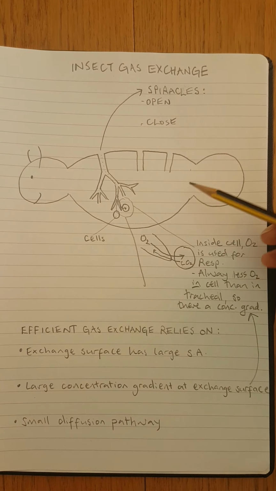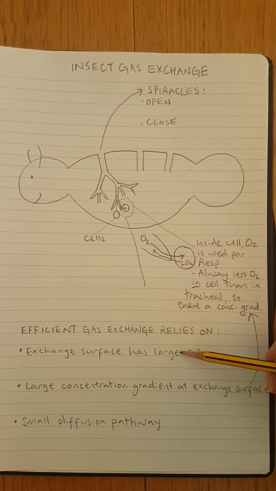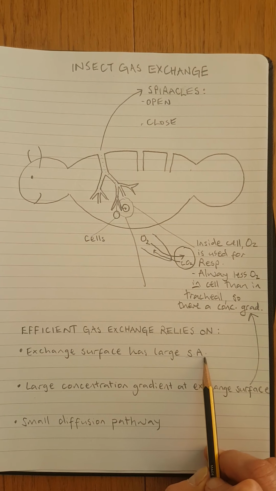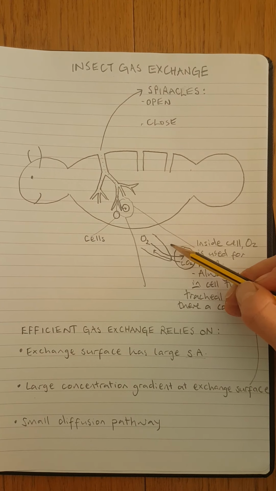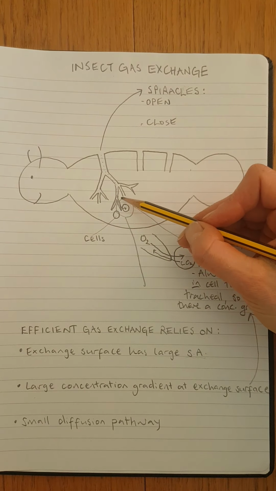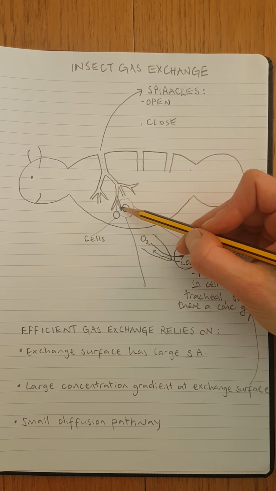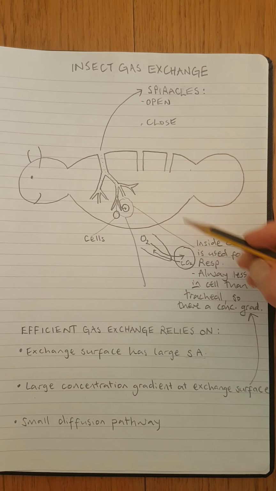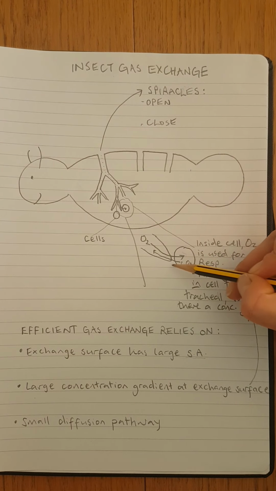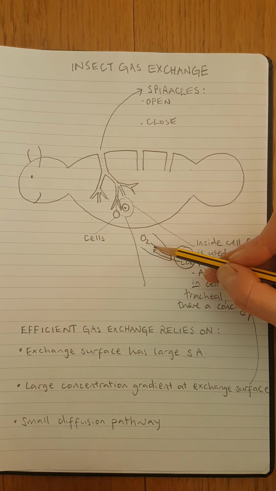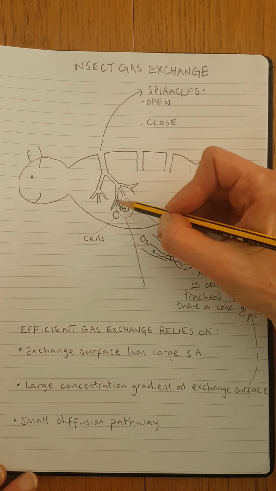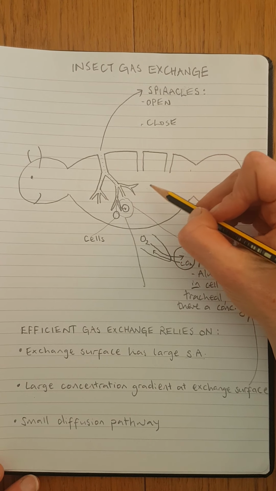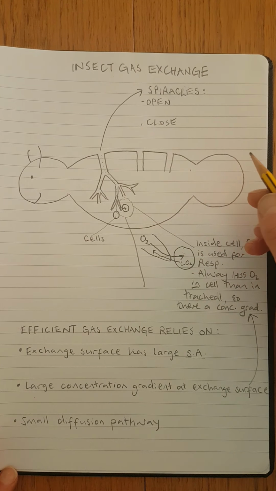Okay, so let's have a look at this little list again. Let's have a think about surface area. So the exchange surface has a large surface area. This is the exchange surface, the tracheal ends and the cells. That's where the gases are being exchanged. The oxygen is going in, the carbon dioxide is going out. And so we have many of these tiny branching tracheals accessing all the cells of the body.